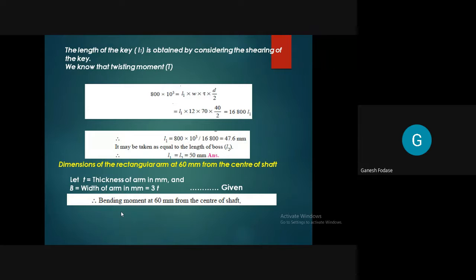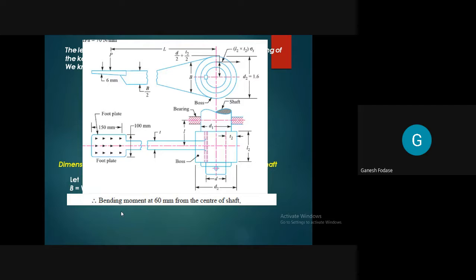But we are not going to find the bending moment at 1 meter; we need to find the bending moment at 60 mm from the center of the shaft. So we need the distance from the center of the shaft, and we subtract that distance. Capital L is 1000 minus 60. Okay, good.